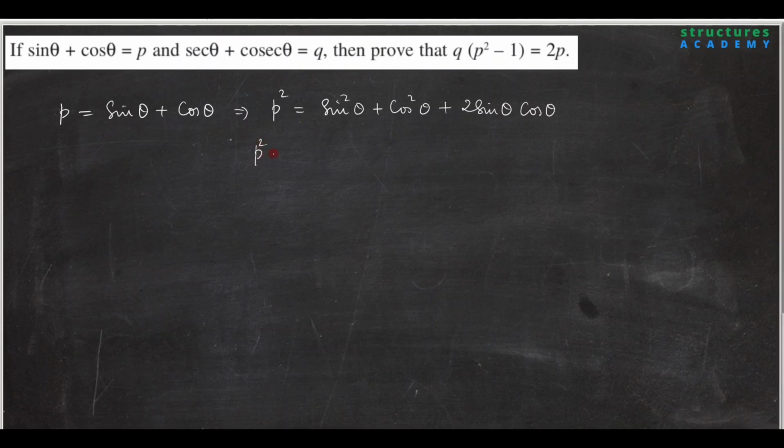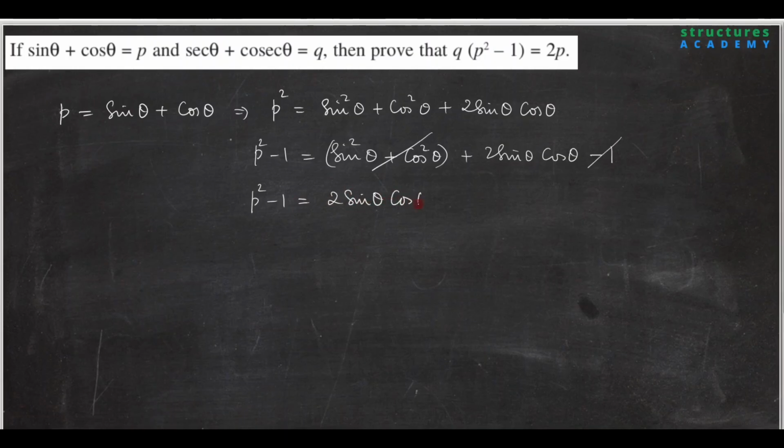Now I'm going to apply minus 1 on both sides, which means sin square theta plus cos square theta, which we know is equal to 1, plus 2 sin theta cos theta minus 1. So I can cancel this minus 1 and the sin square theta plus cos square theta, which leaves me with P square minus 1 is equal to 2 sin theta cos theta.